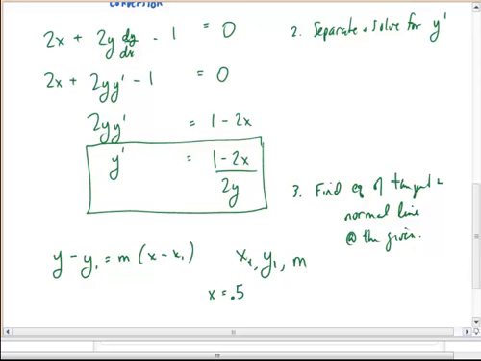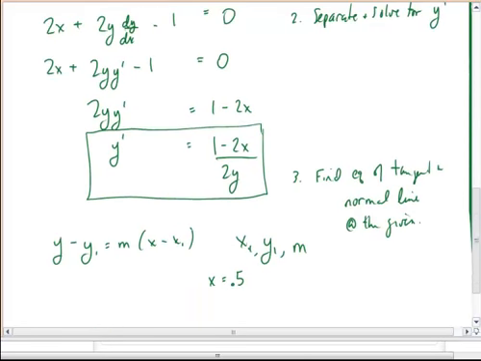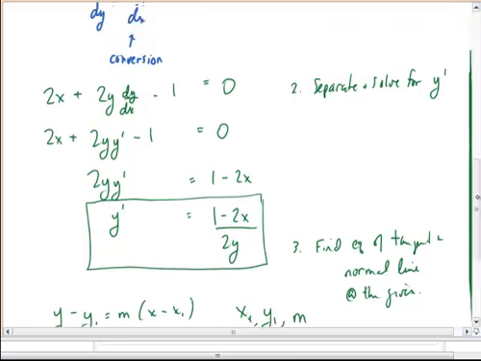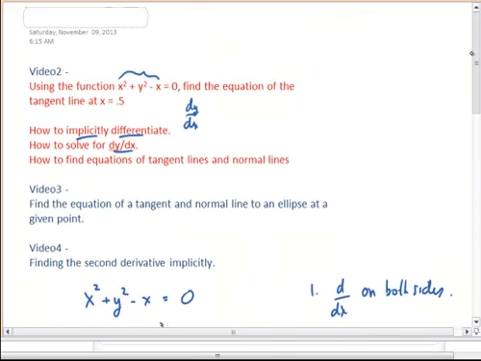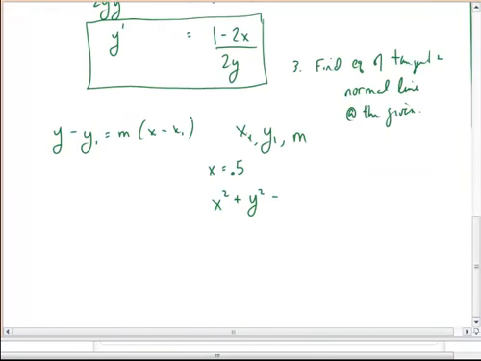We have to go back to the original equation. The original equation was x squared plus y squared, let me just check what it was, minus x equals 0. We have to use this to solve for y squared. So y squared equals x minus x squared.